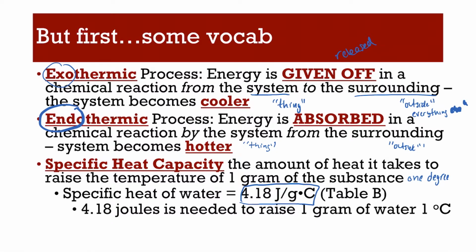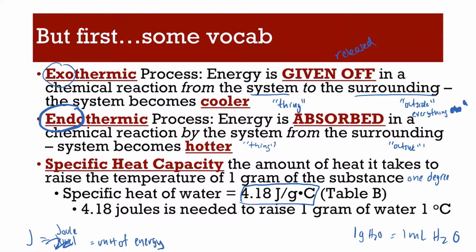And so what that means, if you had 1 gram of water, so fun fact, 1 gram of water is equal to 1 milliliter of water, so not that much. It takes 4.18 joules, and so J, the word joules, we're going to use that word a lot, is our unit of energy. So it takes 4.18 joules to raise 1 gram, so 1 milliliter of water, 1 degree.